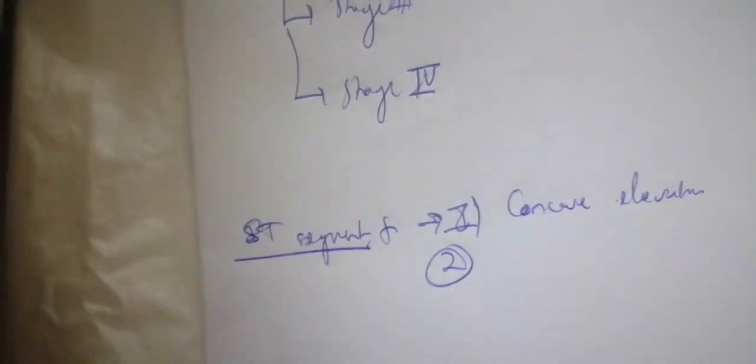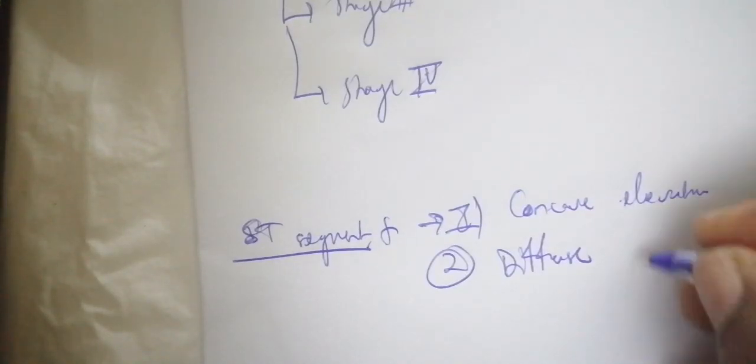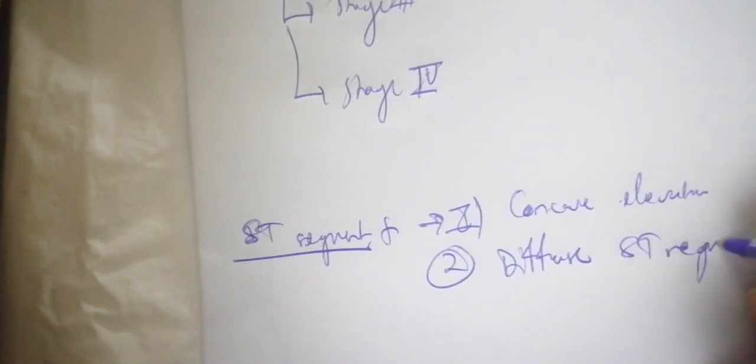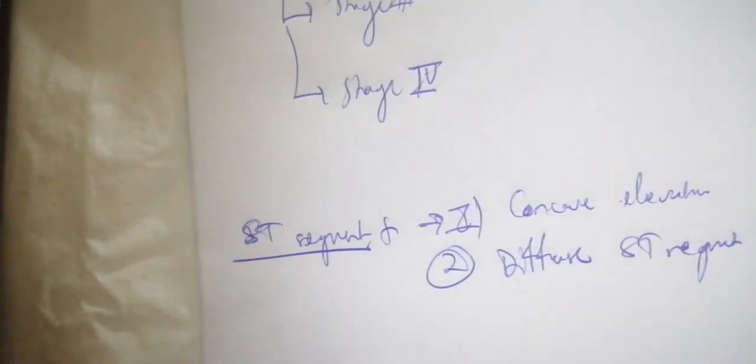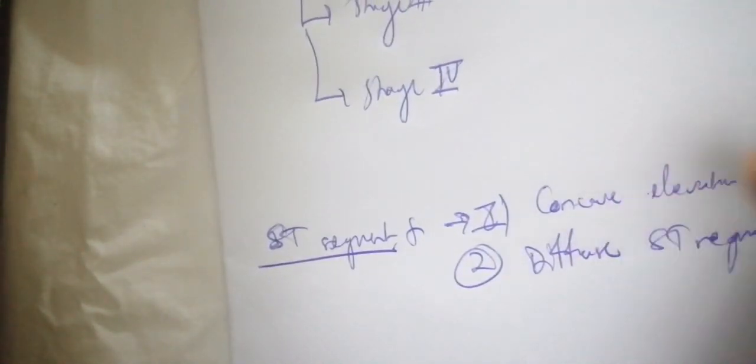The second point, when you have diffuse ST segment elevation, it is much more likely pericarditis than myocardial infarction. Is it clear? So when you have concave elevation and diffuse elevation, it is much more likely pericarditis than myocardial infarction.